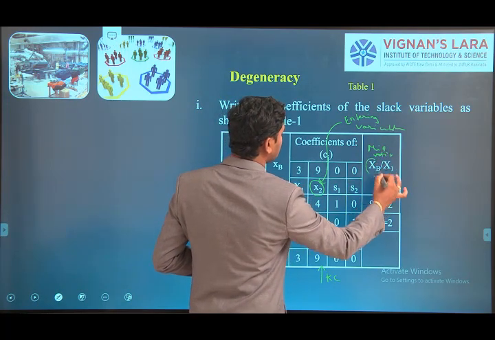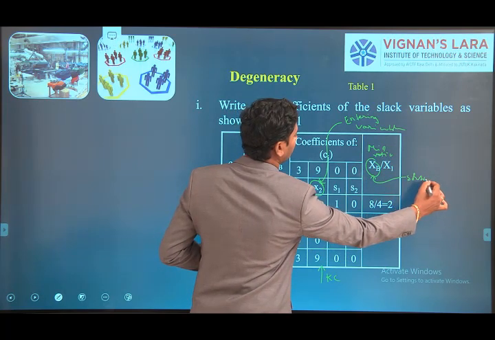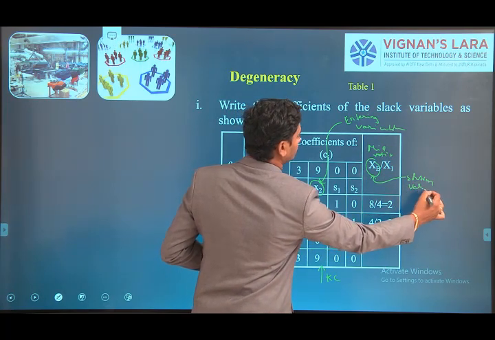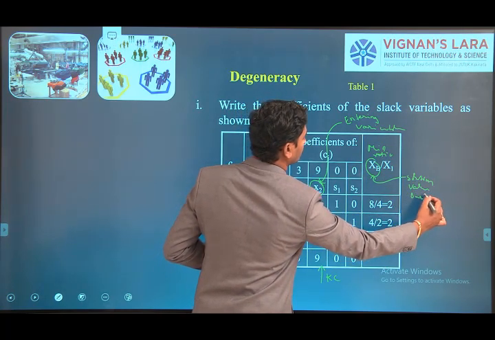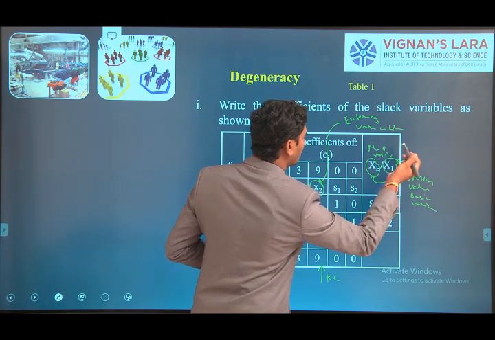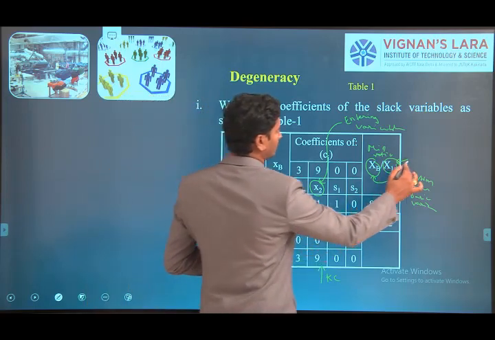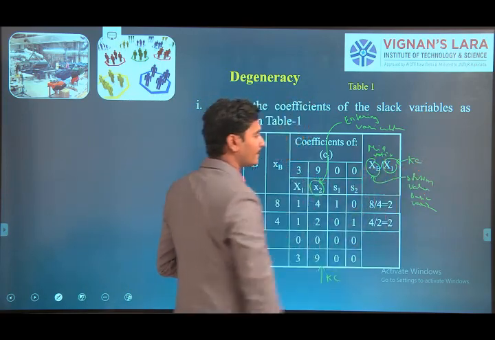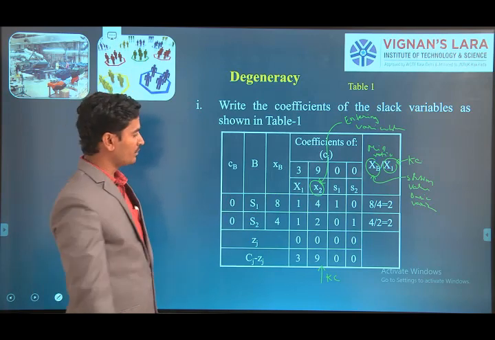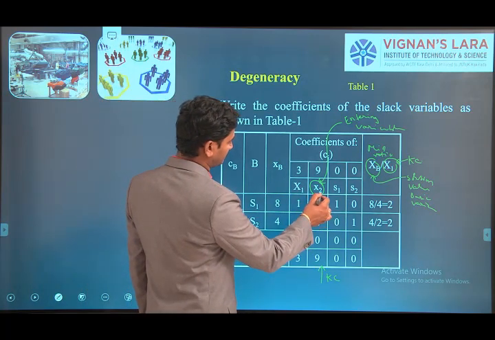Here what is the xb? Solution value of basic variables. And x1 is the coefficient value of basis or linear equations or key column coefficient value. Here coming to this key column, here this is the x1.